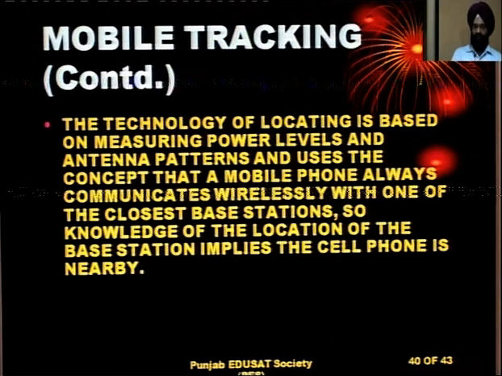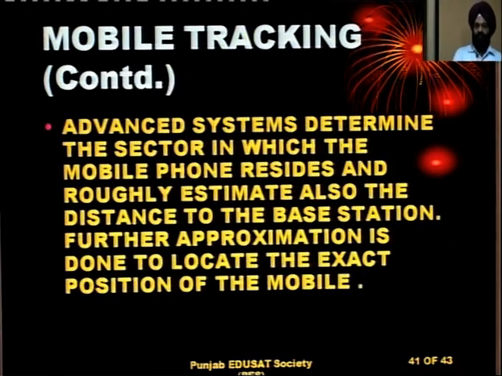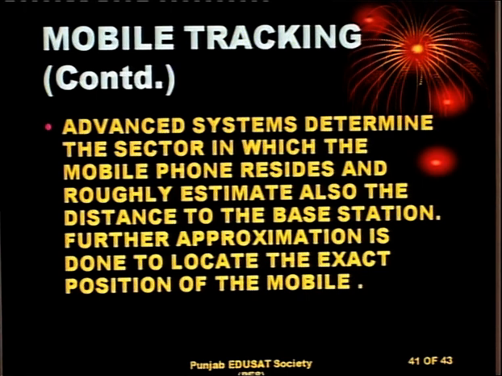So, knowledge of the location of the base station implies the cell phone is nearby. Advanced systems determine the sector in which the mobile phone resides and roughly estimate also the distance to the base station. Further approximation is done to locate the exact position of the mobile.